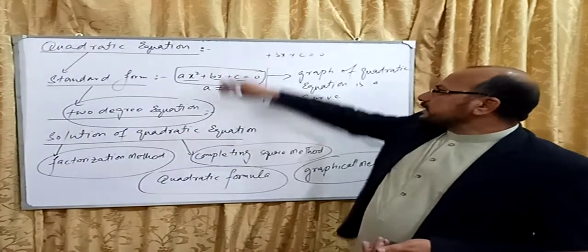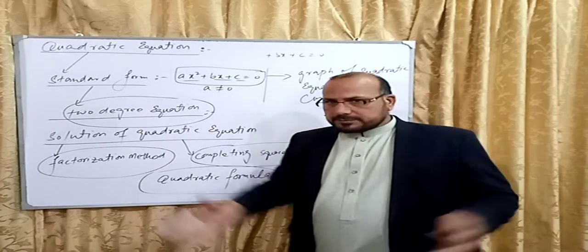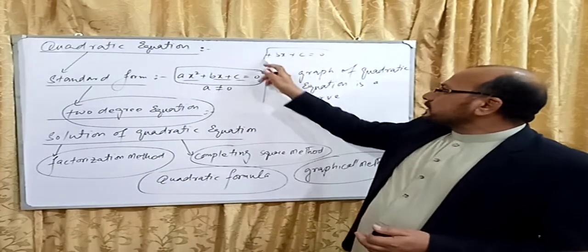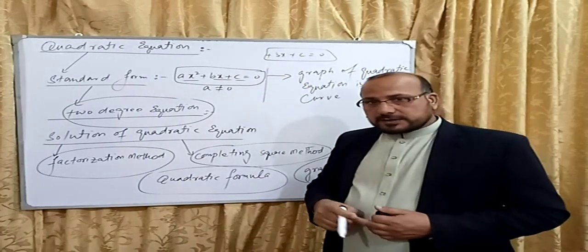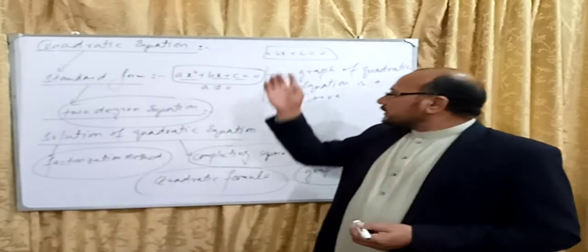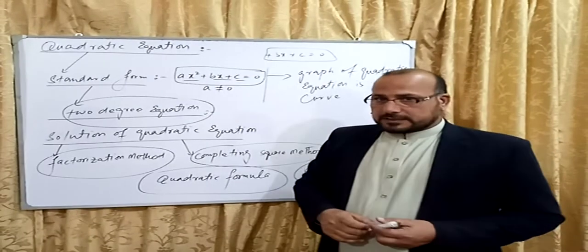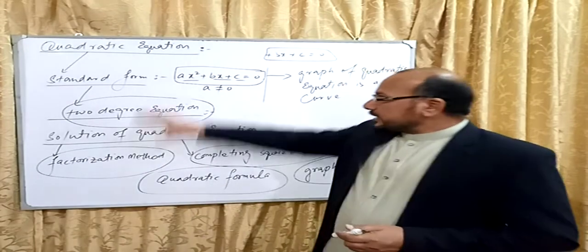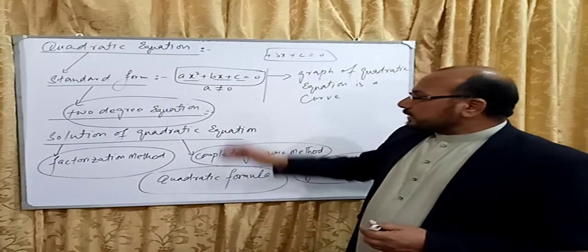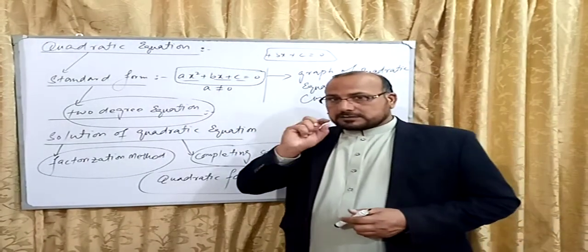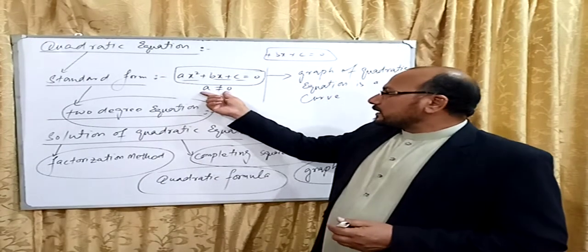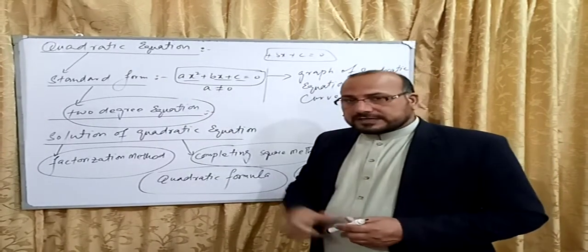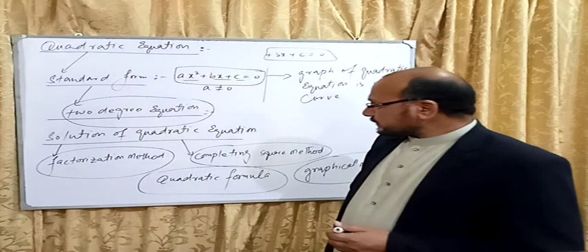If the term becomes 0, what will remain? The remaining two terms and the equality symbol with 0. So it gives us the linear equation, which we have already studied in Mathematics 1. That's why this particular condition is also given with the definition.